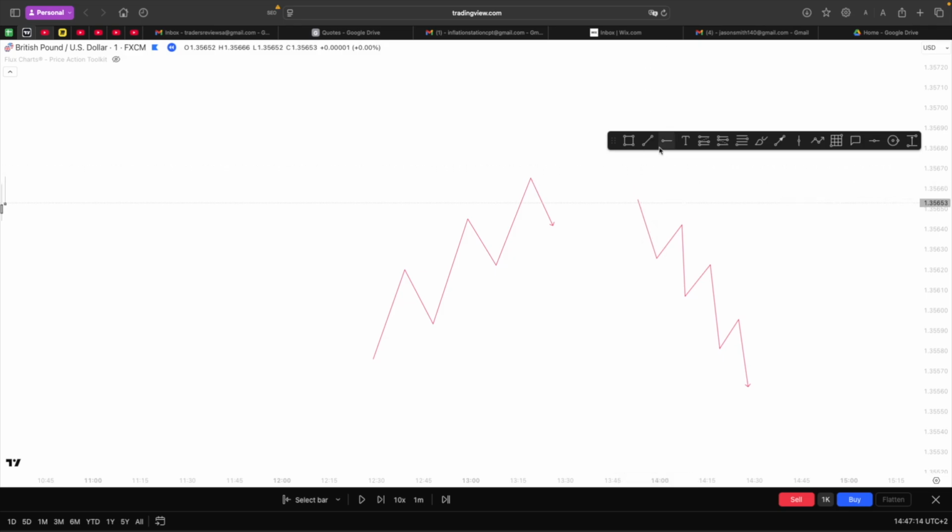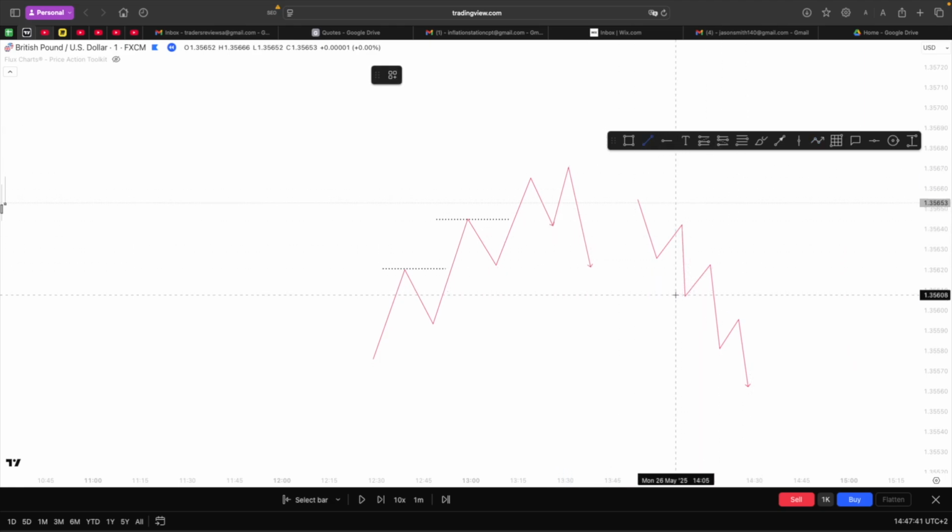So how this will look is when we are in an uptrend and price does this, we are going to wait for some sort of liquidity to be taken when we're looking for a reversal. So we want this high to be taken out and then continue downwards. Same vice versa.